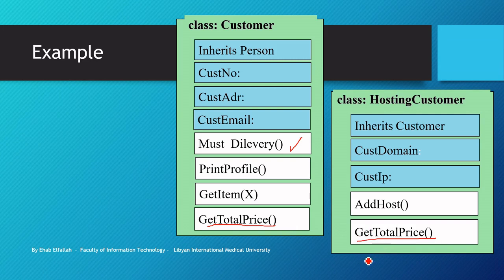Also we have to add another method called delivery, because the parent class forces us to make this method. Okay, let's go to Python and we'll try to solve this example.